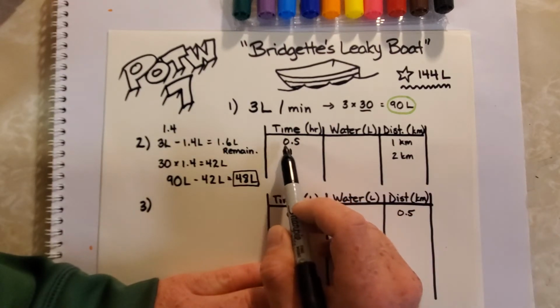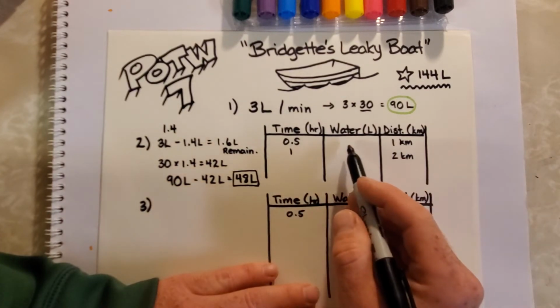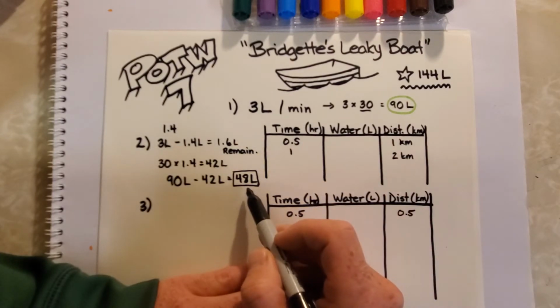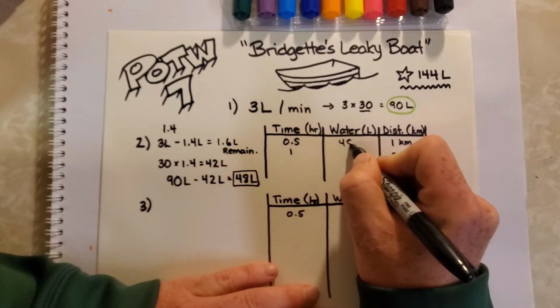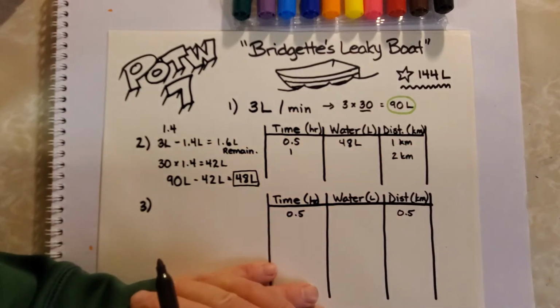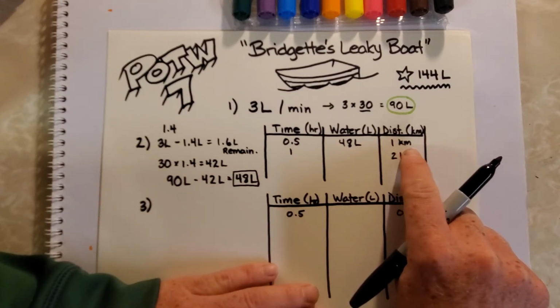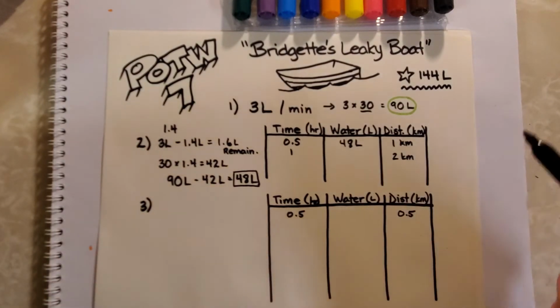In a half an hour, so 0.5 means half of 1 hour, how many liters were still left in the boat? Well, that's what we just calculated. In a half an hour, there would still be 48 liters left in the boat. And in that amount of time, she's traveled 1 kilometer. Now, this gets to the next part of the question where some important things come into factor.